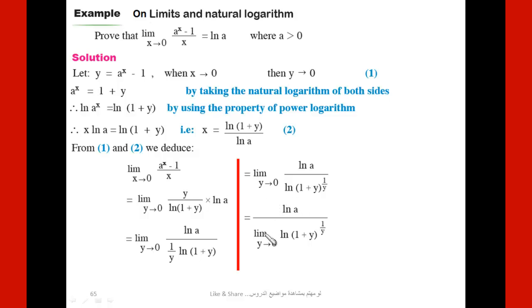And we have in the denominator limit ln 1 plus y all power 1 over y as y tends to 0. Here, what is the value of this?